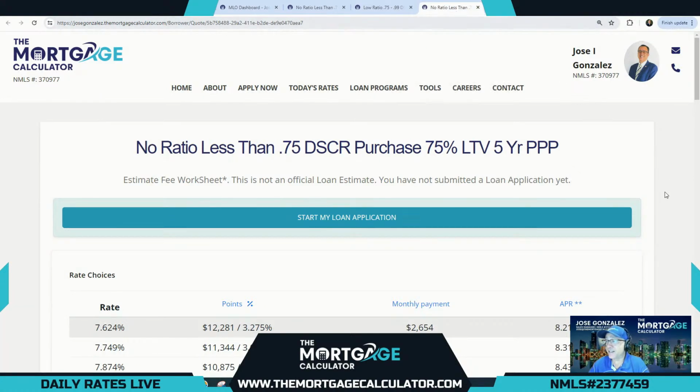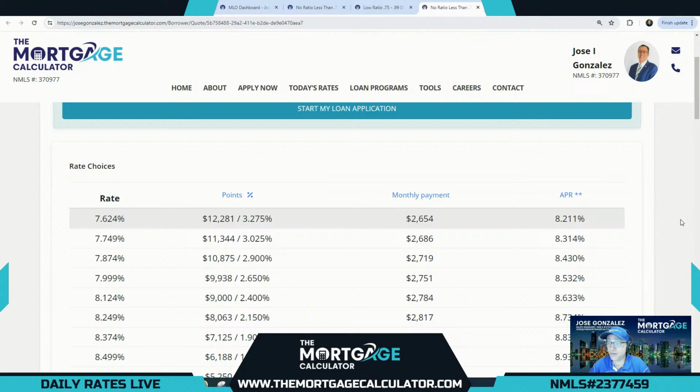So if that's not enough for you, now we have our no ratio DSCR. This is the one where the property does not cash flow at 1.0 and actually doesn't even cash flow at 0.75 or above. So technically you could have a 0.2, 0.1, 0.3 DSCR and still get 75% loan to value, only 25% down.